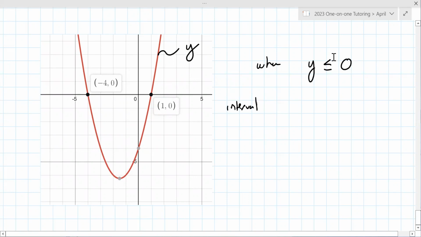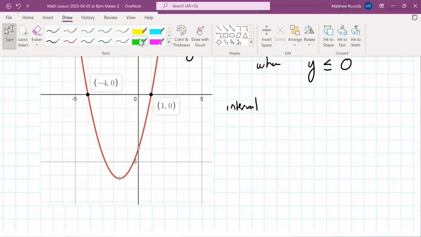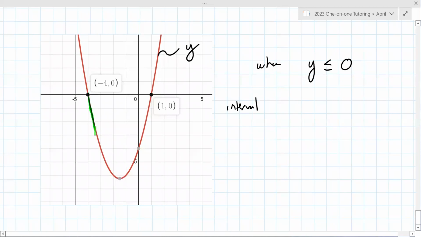So what I'm really asking is, where is this touching or below the x-axis? So let me shade it in for you. Where is it below the x-axis? It's all of this, between -4 and 1.